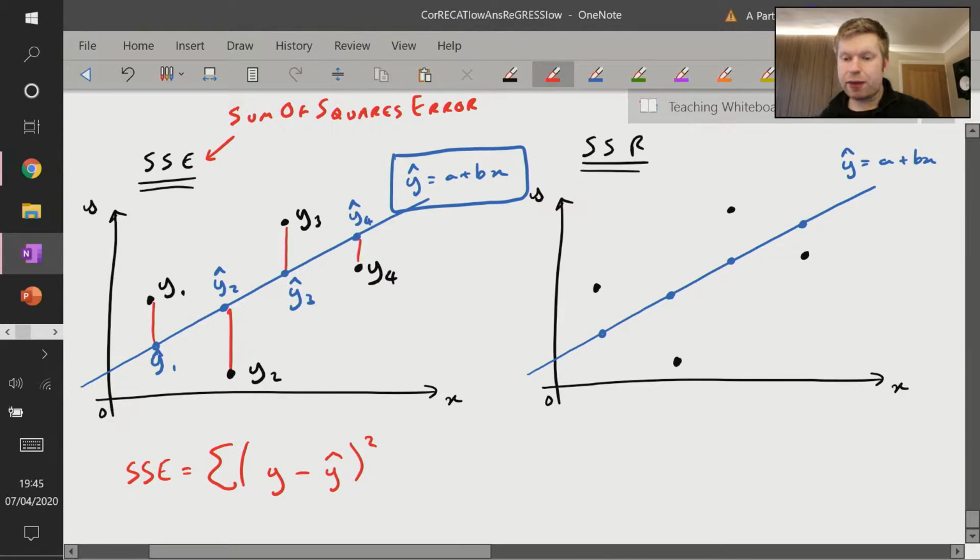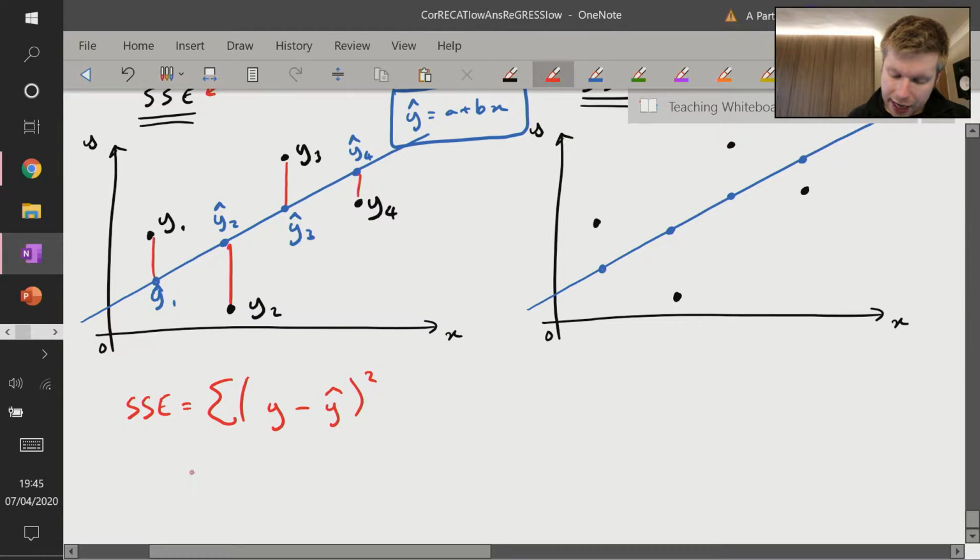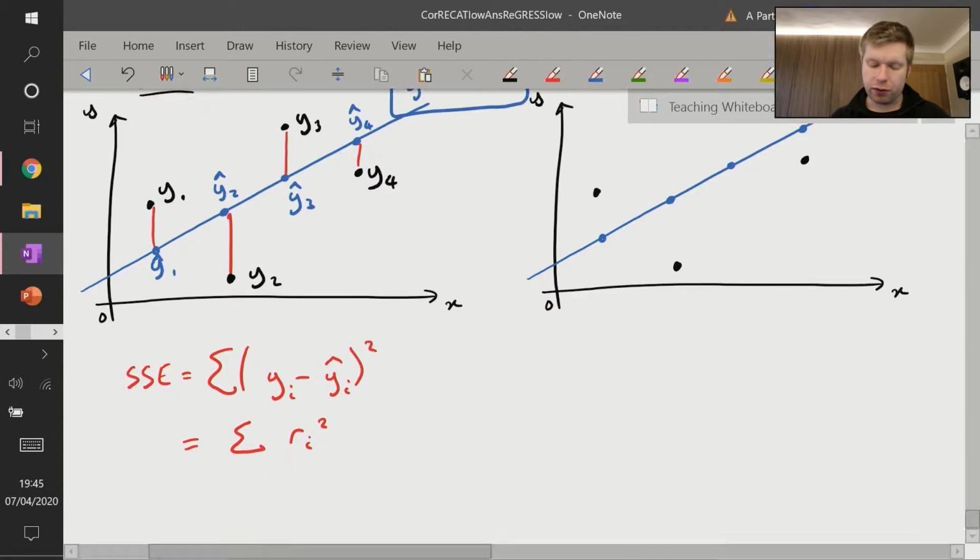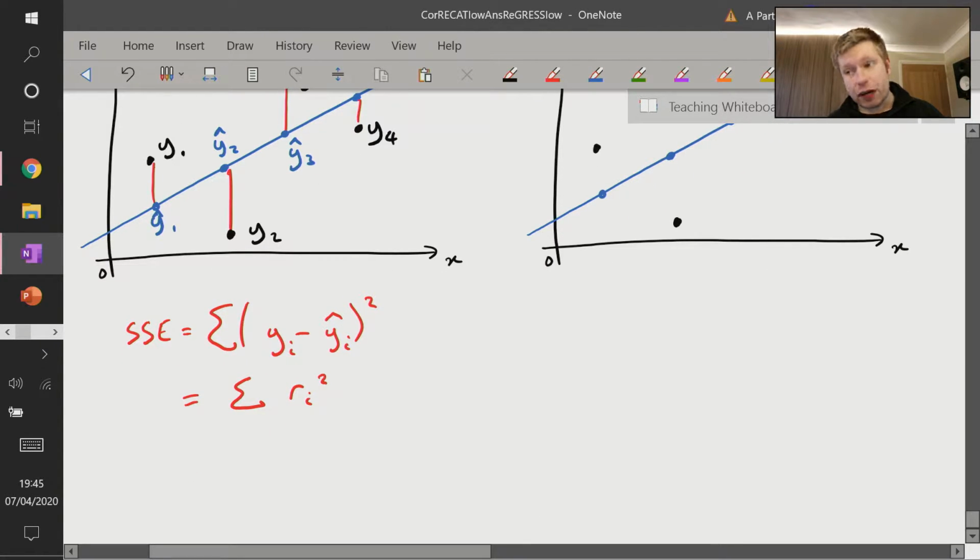We've already met this formula before, and because each of those little red lines is important, we call those residuals. It's simply the sum of our residuals squared. In fact, we came up with a formula for it, which we called the deviance, or the residual sum of squares. If you remember, it was a weird formula which came out in the last video.